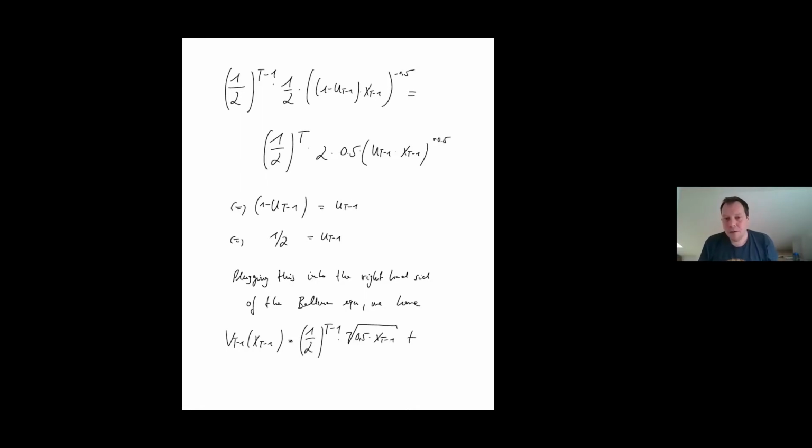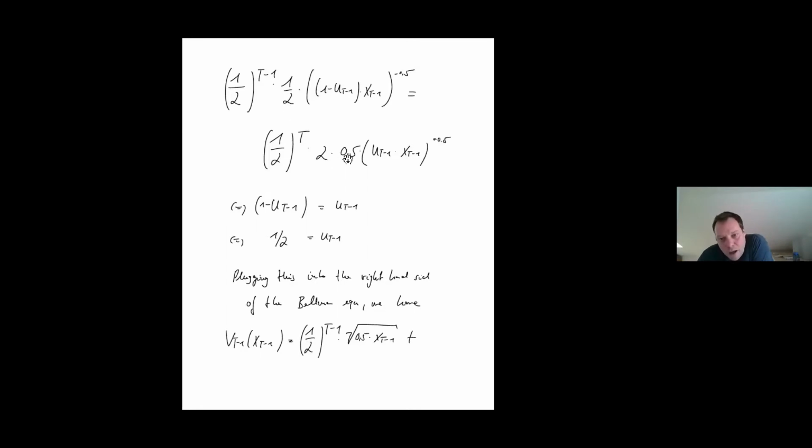And this is designed to be nicely calculated. You see that many things can be eliminated on both sides. The 1/2 to the power of capital T can be eliminated. The 1/2 can be eliminated.